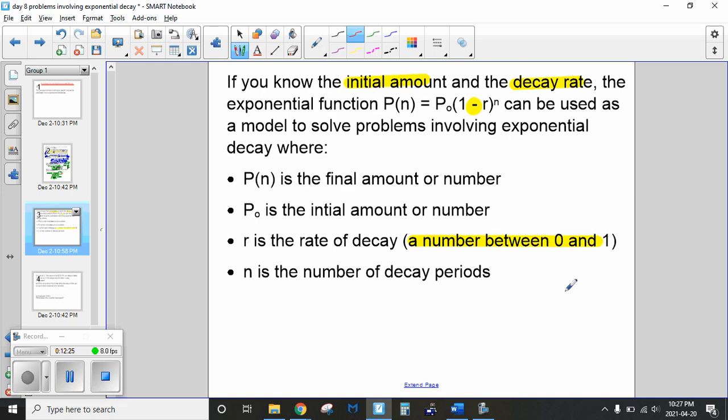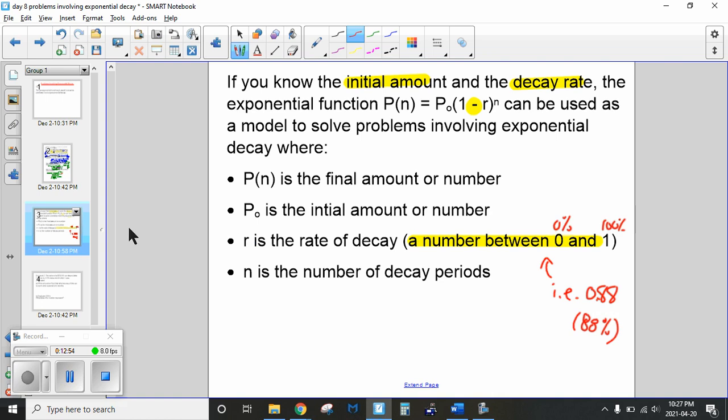The question we just did was a perfect example of that. Or 88%. So between 0% and 100%, if we're thinking in percent form, or between 0 and 1 if we're thinking in decimal form. Everything else about this formula is the same as growth.